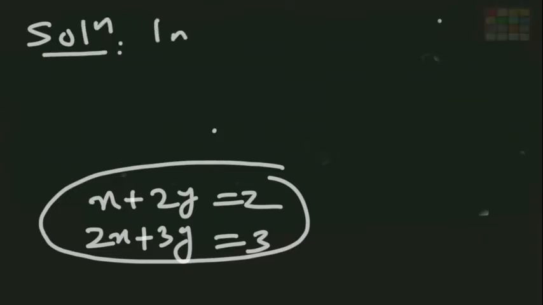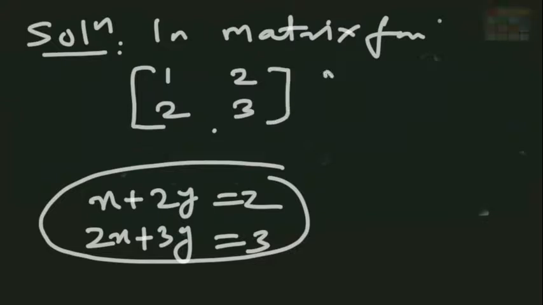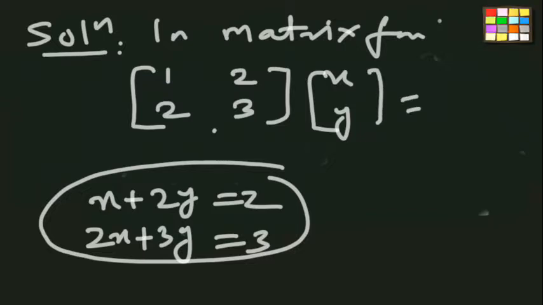In matrix form, remember that you form one matrix with the coefficients first: the first row is 1, 2, and the second row is 2, 3. Then your second matrix will be x and y in a single column, and the third matrix is the RHS, that is 2, 3. This is a very important step.